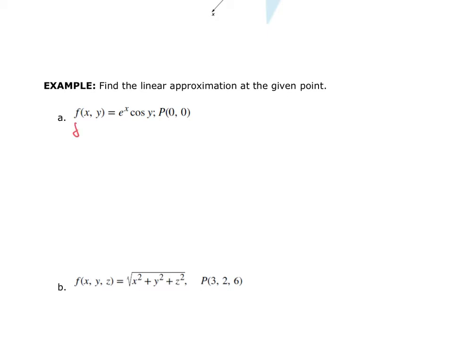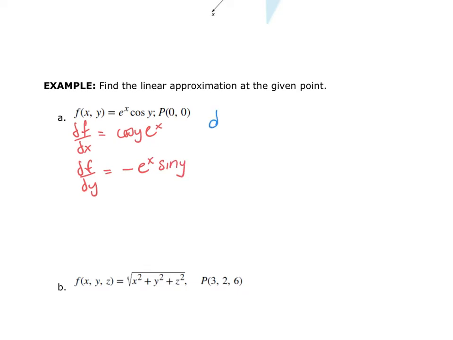So df/dx is just going to be, cosine is going to be considered a constant, so it'll be cosine of y times e to the x. Then for the partial derivative df/dy, now e to the x is going to be considered a constant, so it's going to be negative e to the x sine of y.